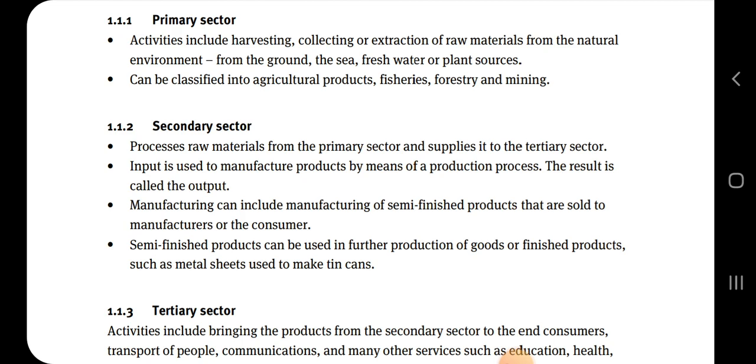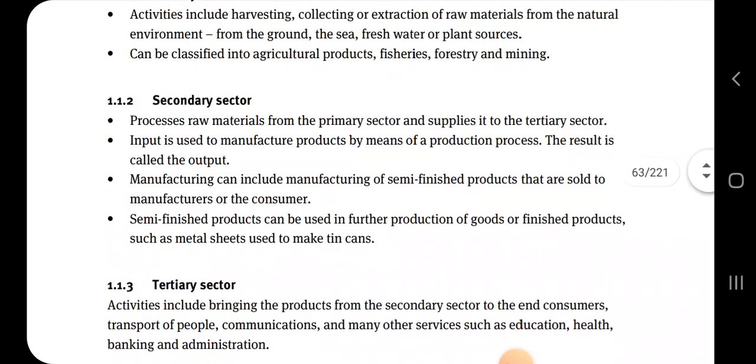So anything that we're taking from nature, when you go and fish in a sea or a river, that's part of the primary sector. So you're extracting whatever is naturally there, okay. And then the primary sector can be classified into agricultural product, fisheries, forestry, and mining.